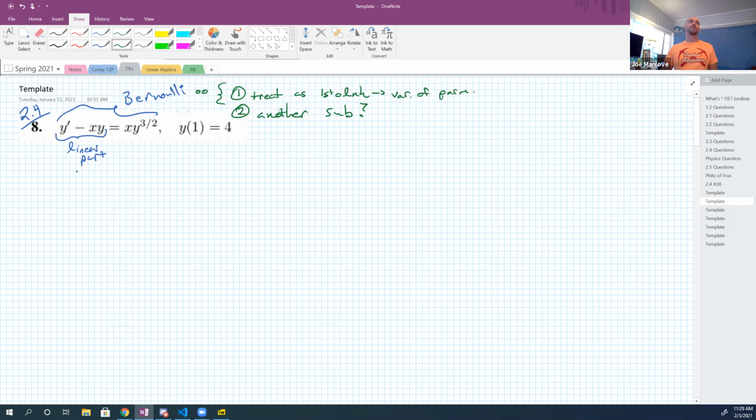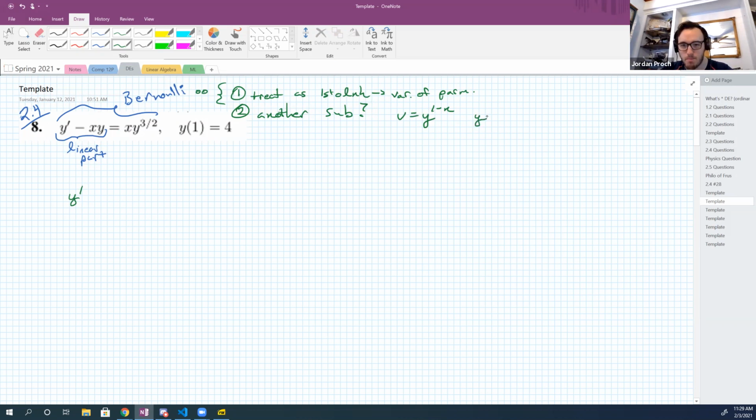All right. At any rate, I'm going to solve this linear part as though it was homogeneous. So I have it pulled up. v is equal to y raised to the power of 1 minus n. And then it says y is equal to 1 minus, parentheses, minus 1, is equal to y squared. Hang on a second. So y raised to the power of 1 minus n is equal to y raised to the power of 1 minus, parentheses, minus 1.